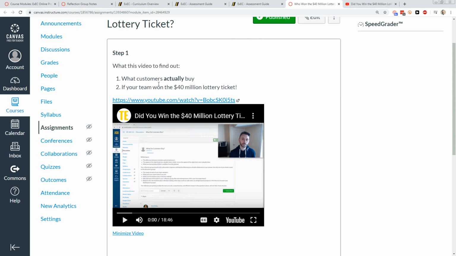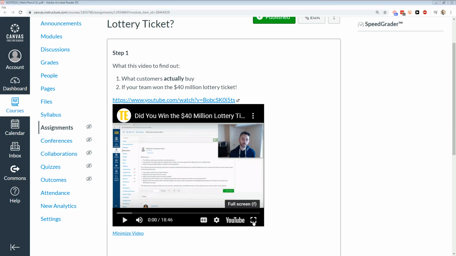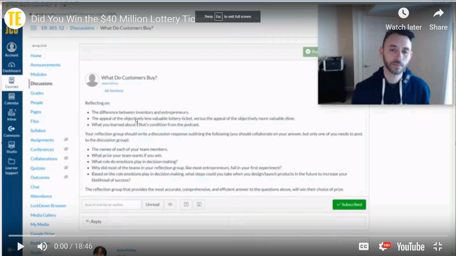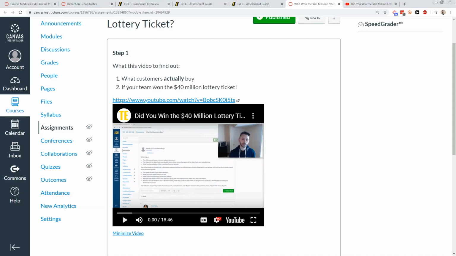So we use discussion boards as a way for students to reflect on their personal experiences. Also in those reflection groups, we have students put together and summarize some of the experiences they've had together. For example, students are offered a prize that they can choose in their reflection group.